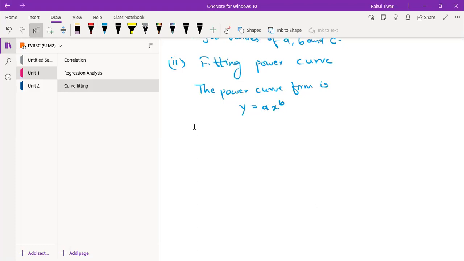Now, go to the chat box and write down. Can I apply the method of least square here? Yes or no? Just type N or Y. Can we apply method of least square in this method? Type Y if you are feeling yes.